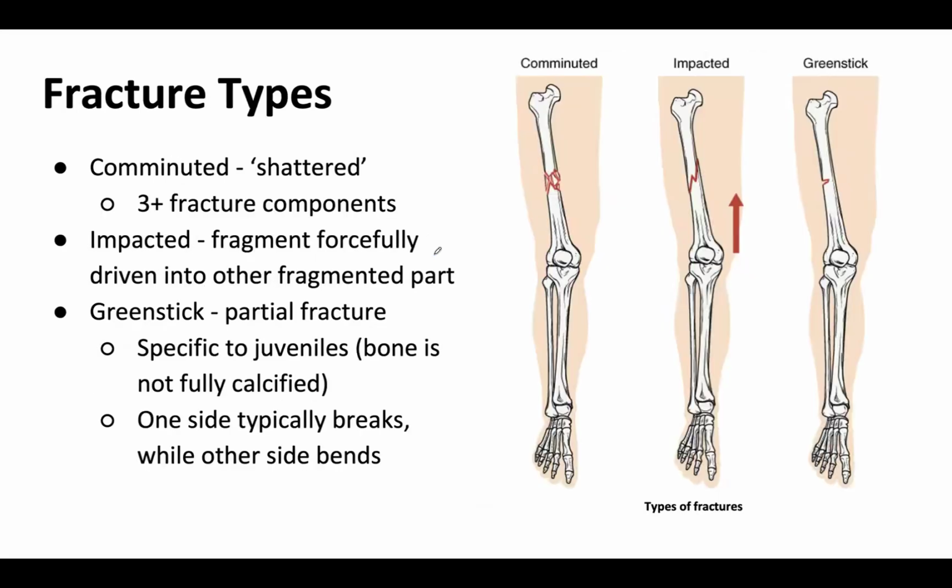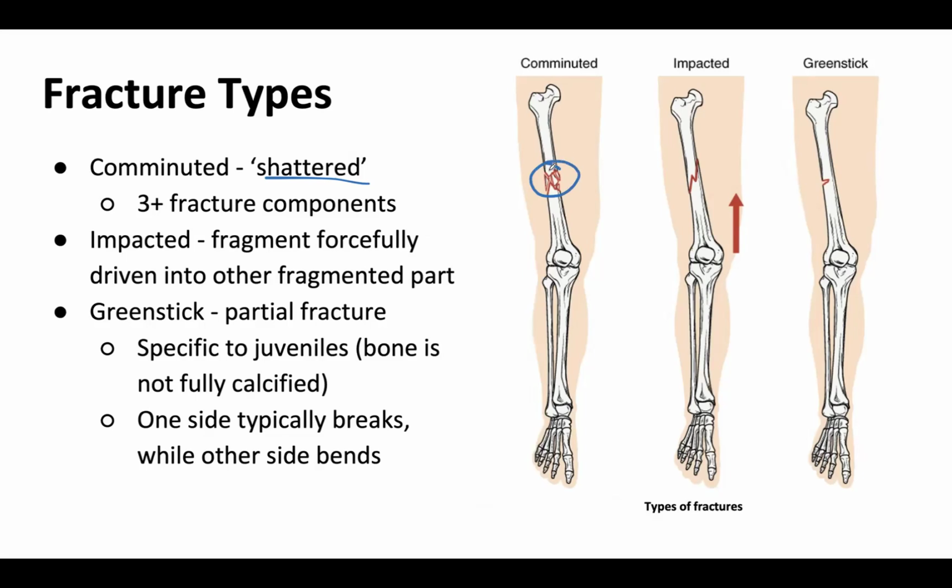Let's discuss three other types of fractures, starting with comminuted fractures. These are colloquially referred to as shattered bone. A comminuted fracture will have bone fractures in three or more places, so you'll have three or more actual fragmented components.